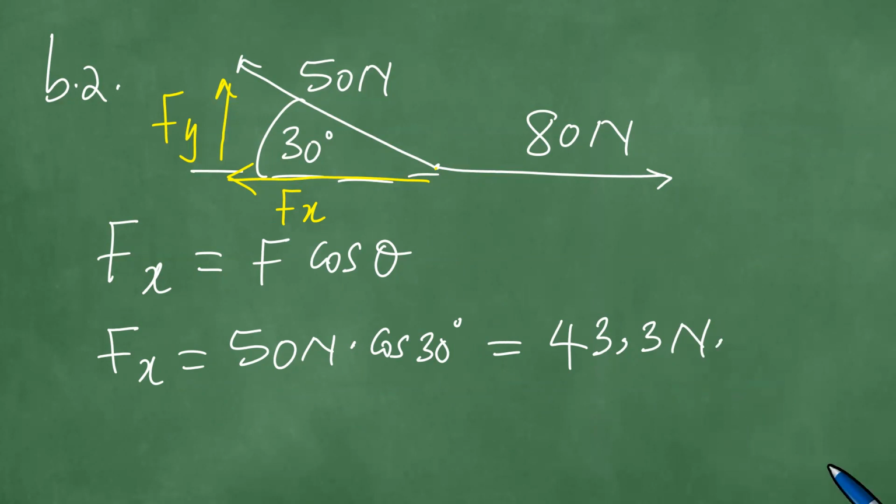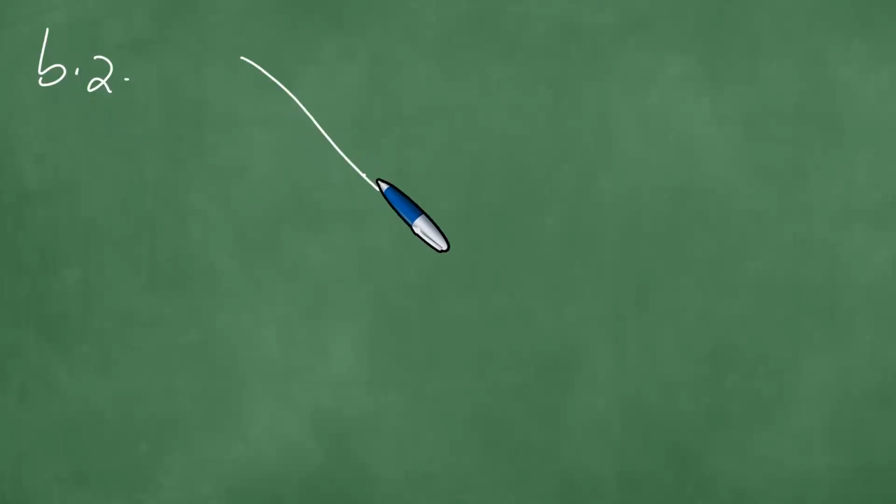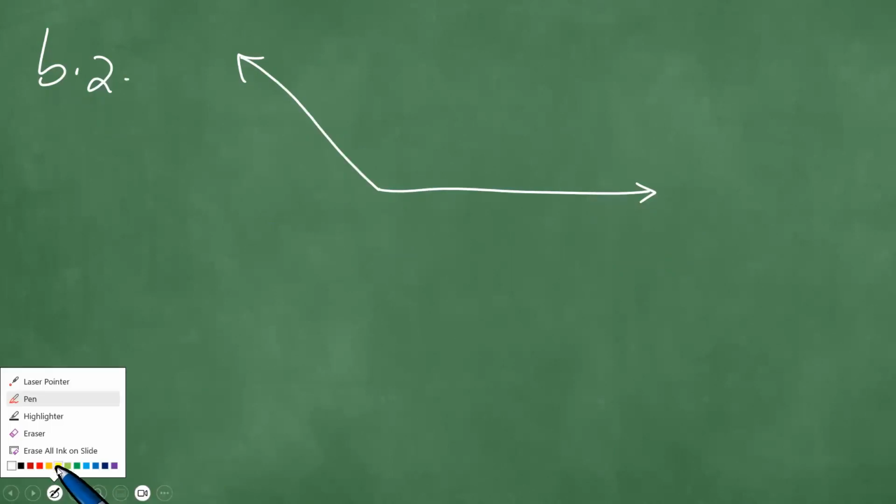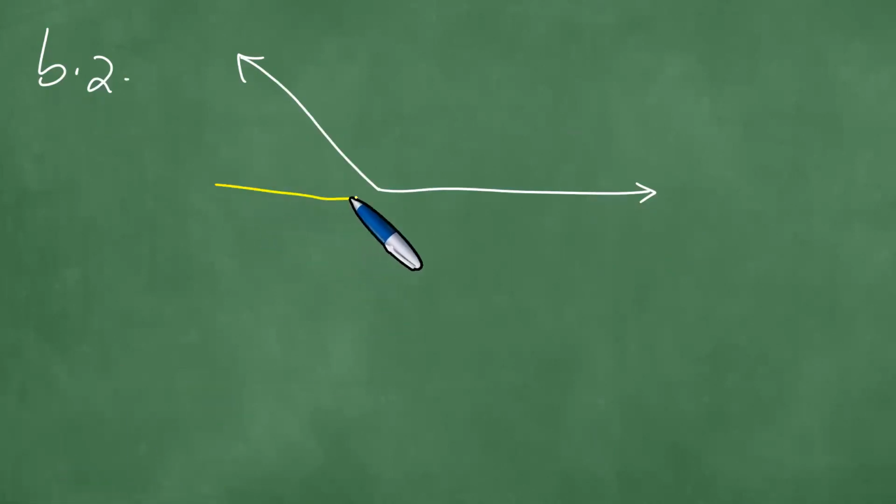Right, so once we have these, we have both the vertical and the horizontal components, and therefore we want to find the resultant vector. So let us continue to analyze this question. Still looking at B part 2, we have this force that acts in that direction, and another one acts that way.